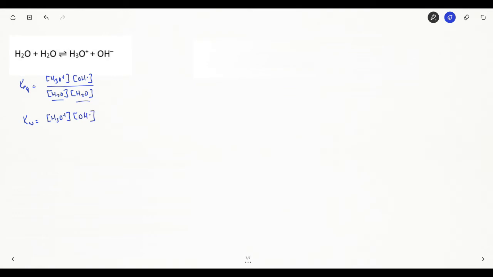Now let's see what happens when we have an equilibrium expression for a weak acid and also its conjugate base. So first, here again is the equilibrium expression for a weak acid HA. But right next to it, I have written the equilibrium expression for the reverse reaction, for what happens to A minus.